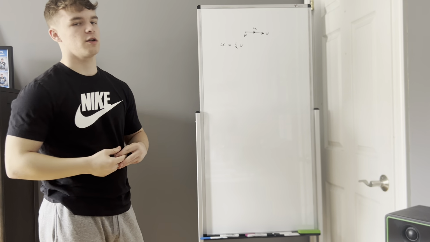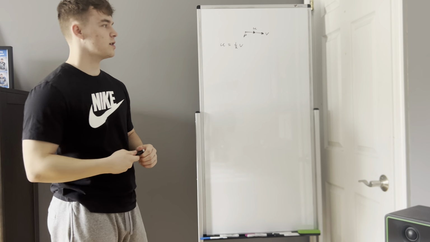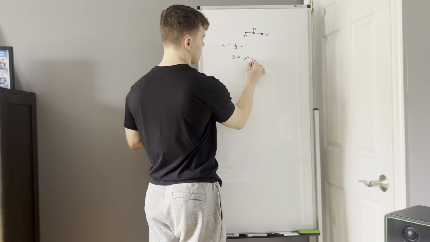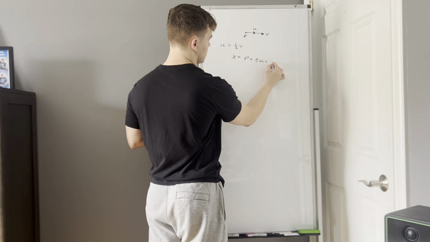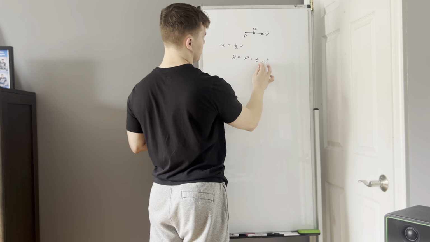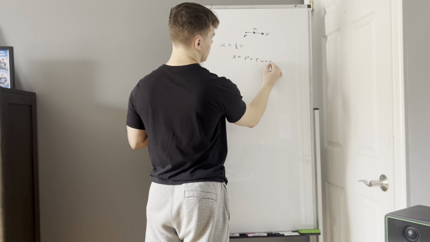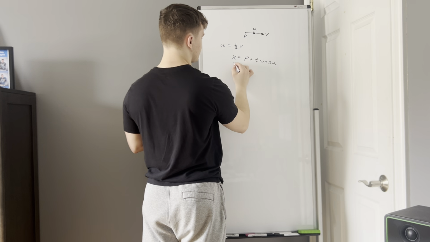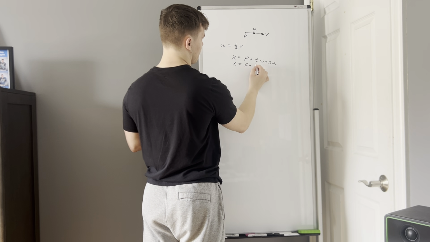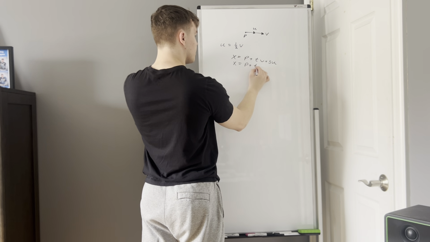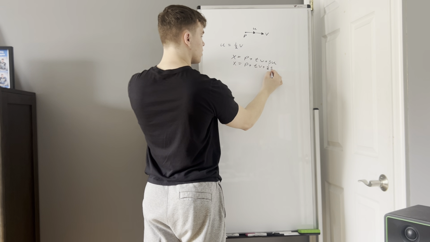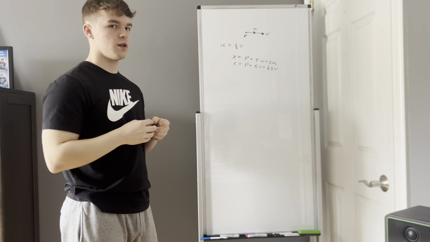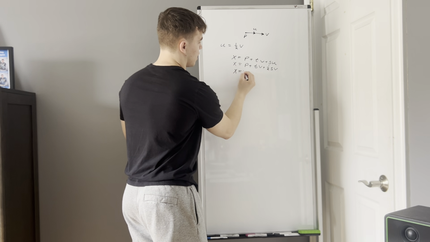And if you use the parametric equation for a plane, what you're going to see is that you get x equals p plus tu plus sv. Well, if u is just 1/2 v, this is going to start to look a whole lot like this.